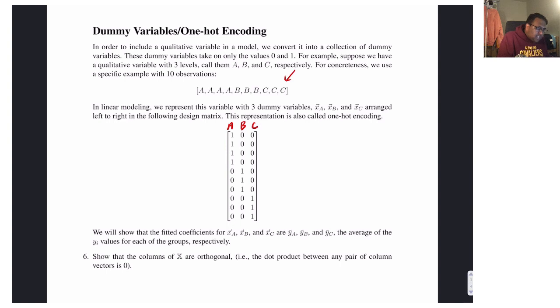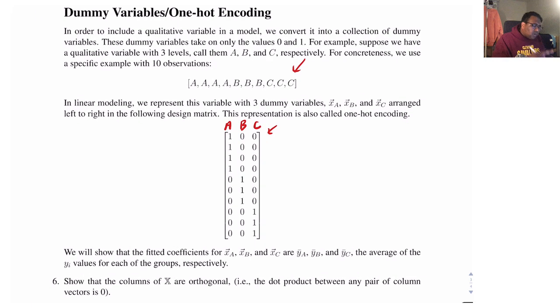And so how it works is for each row, exactly one of the columns is equal to 1, and the other 2 columns are equal to 0. So for instance, in the first row, we have a 1 in the A column because the first observation was an A. In the 5th row, we have a 1 in the B column and zeros everywhere else because the 5th observation was a B, and so on and so forth.